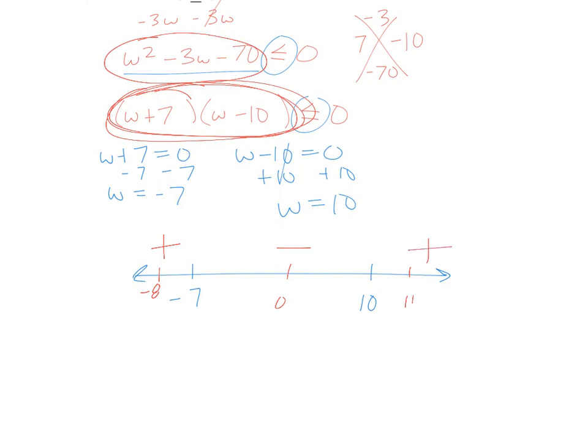Okay, now I refer back to the inequality. It says less than or equal to 0. All right, so less than or equal to 0 means I'm looking for the negative territory, less than 0. So that's this territory here. All right, so I'm starting at -7, and I'm ending at 10. The variable I'm working with is w.